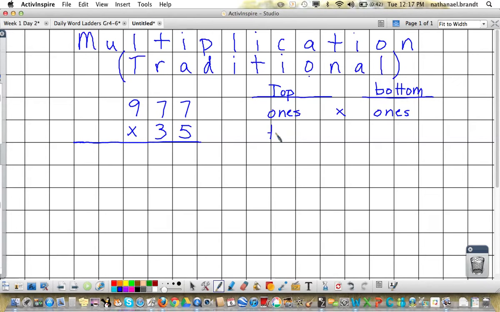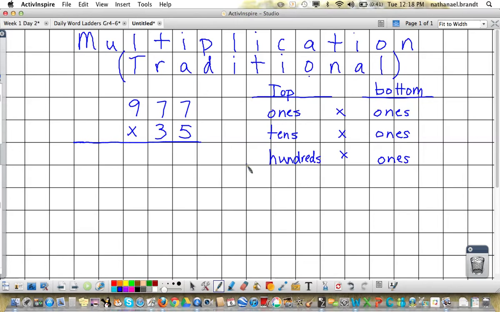Then we do the tens place in the top number times the ones place in the bottom number. In this case, we can go out to the hundreds place in the top number times the ones place in the bottom number. And if this number was even bigger, we would just keep going, the thousands place, the 10,000s place, as many places as we need to.